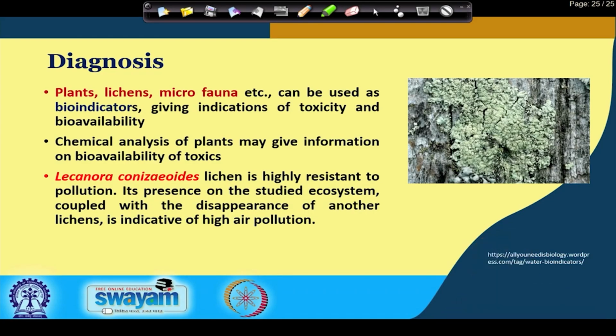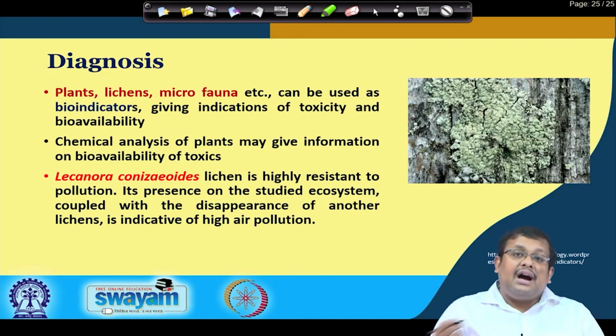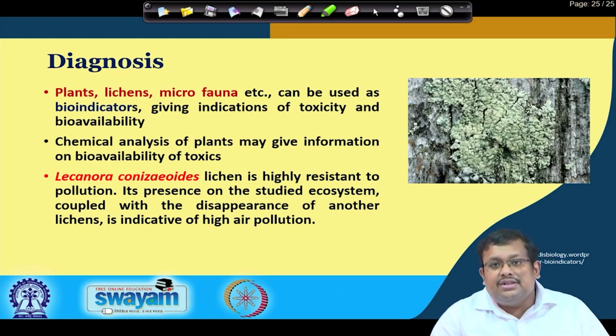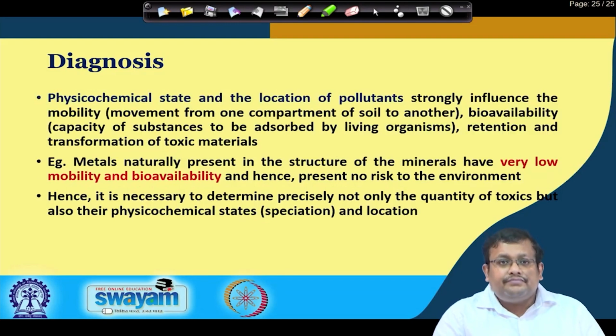Its presence in the studied ecosystem, coupled with the disappearance of other lichens, is generally indicative of high air pollution, because they are resistant to pollution. If there is no other species, we can justify that there is high air pollution. So, they act as a bioindicator for diagnosis of pollution.